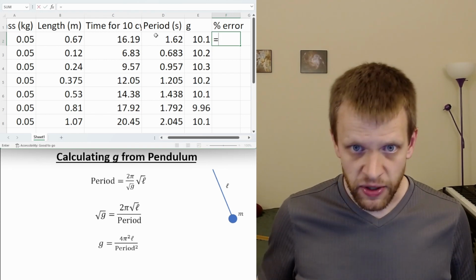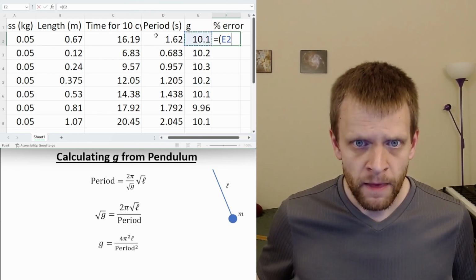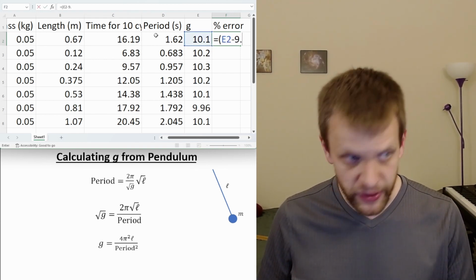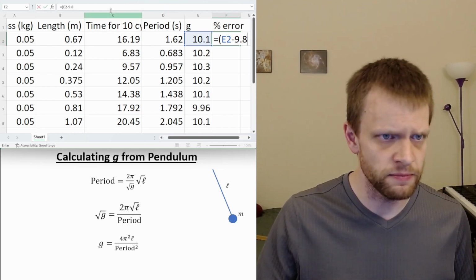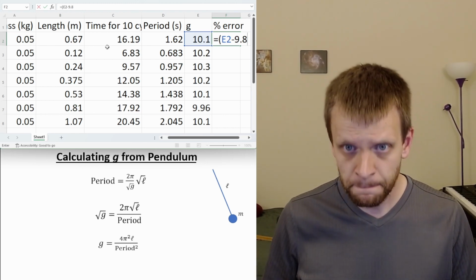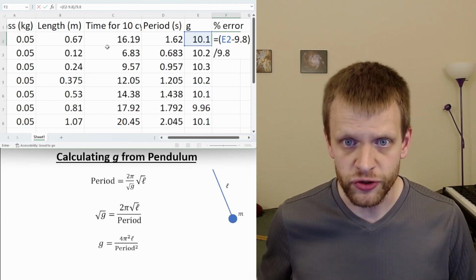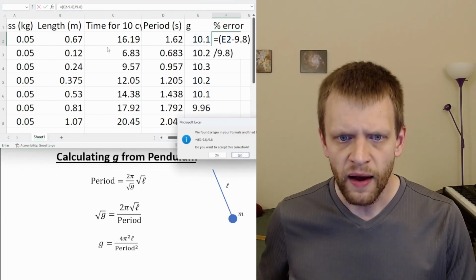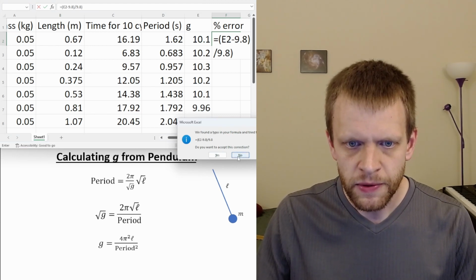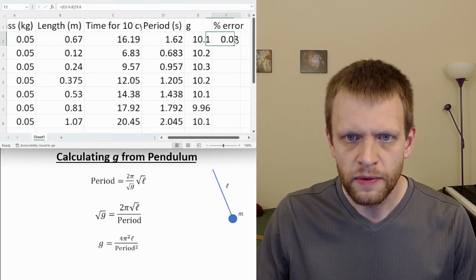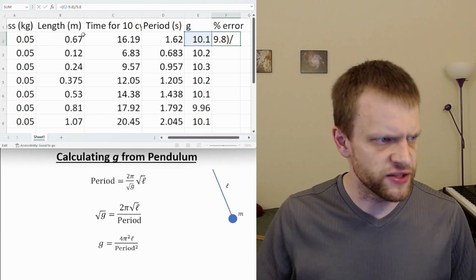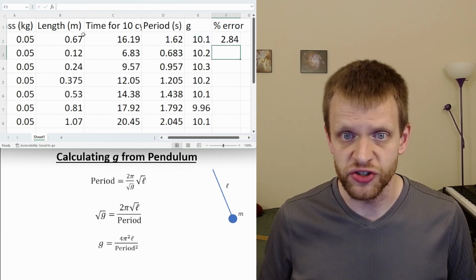So I'm going to calculate this by doing that value minus 9.8. And okay, so you can see that I'm typing in the right thing here. Divided by 9.8 for our true value. And then we have to multiply this by 100 to convert this to a percentage.